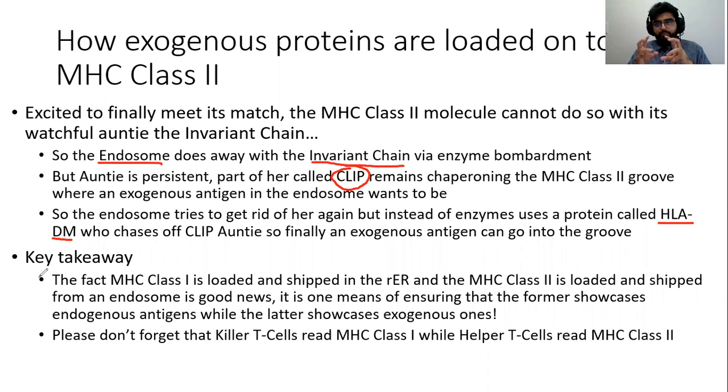So this is why I said, I'm trying to make sense of it all. MHC Class I is rough endoplasmic reticulum. MHC Class II is endosomal. And again, CD8 killer T cells recognize antigen on MHC Class I. Helper T cells, aka CD4 T cells, recognize antigen projected on MHC Class II. Okay, so make sure you have these different concepts straight.